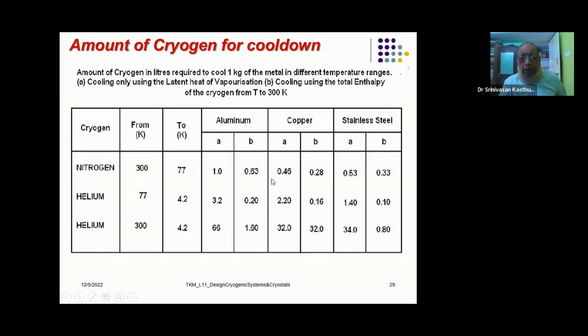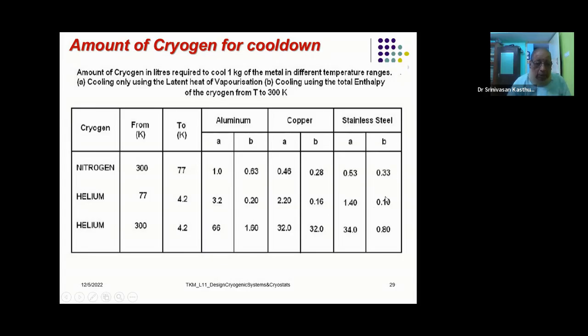Similarly, in the case of copper, it is 2.2 and case B is 0.16. In the next case, stainless steel, it is 1.46, and on the other hand, using the total enthalpy, it's only 0.1.